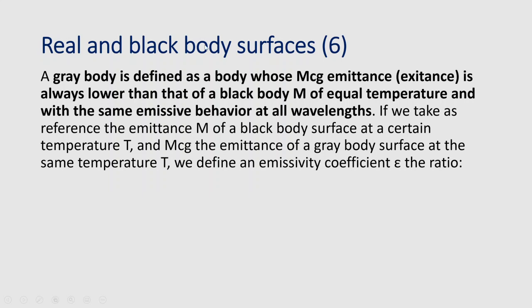And if we take as a reference the emittance M of a black body surface at a certain temperature T, and M_g, that is the emittance of a gray body surface at the same temperature T, we define an emissivity coefficient epsilon using this ratio.